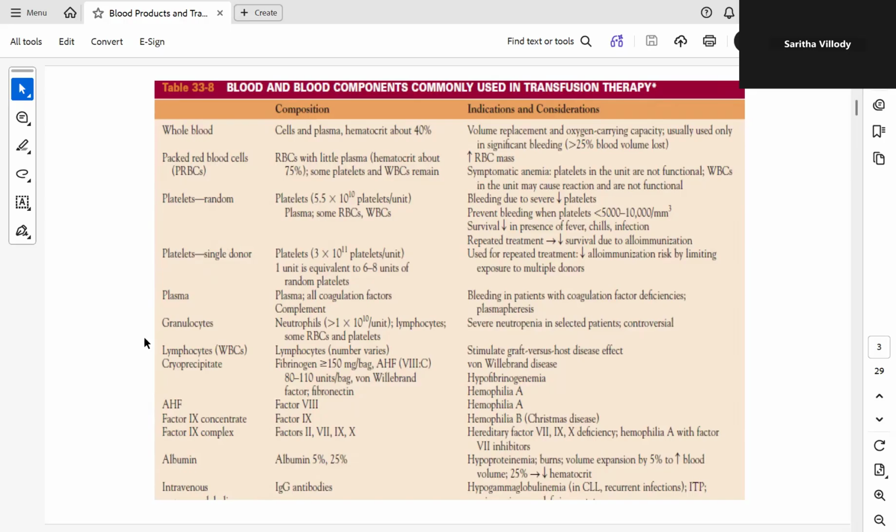Plasma, granulocytes, cryoprecipitate in case of fibrinogen deficiency or clotting factor deficiency, albumin, intravenous immunoglobulin. Now you would see subcutaneous immunoglobulins too, which is not in your textbook, but this is a very newer product. Instead of giving intravenous immunoglobulin, we can give it as subcutaneous infusions where patients can do it at their own homes. That is a newer product.